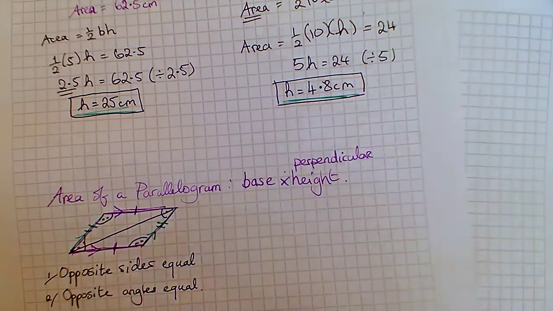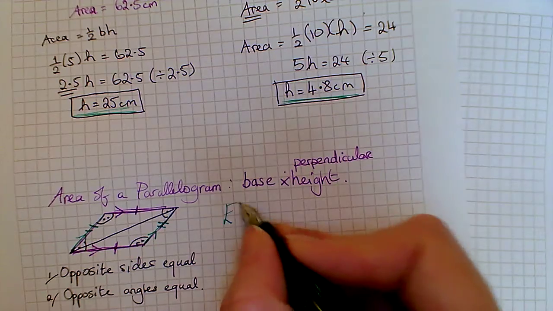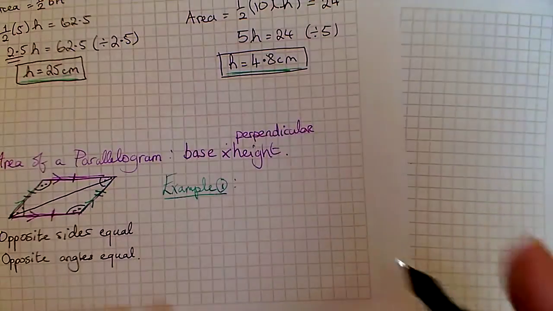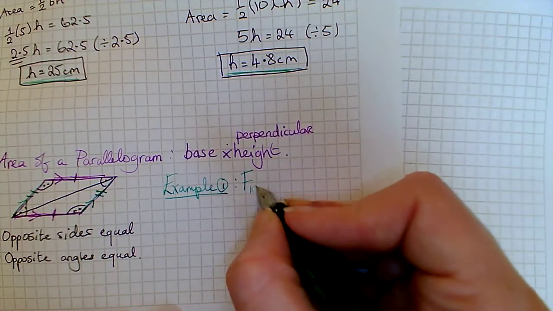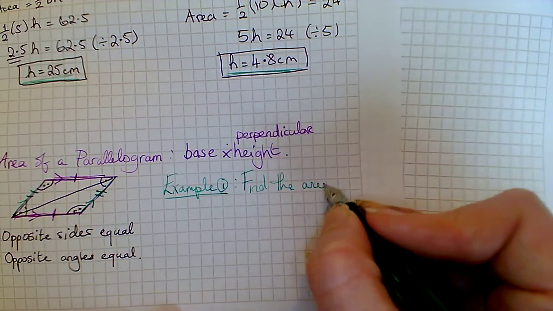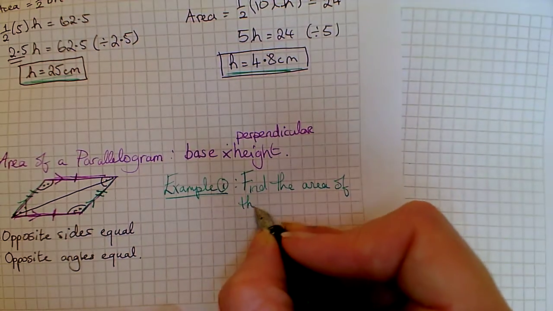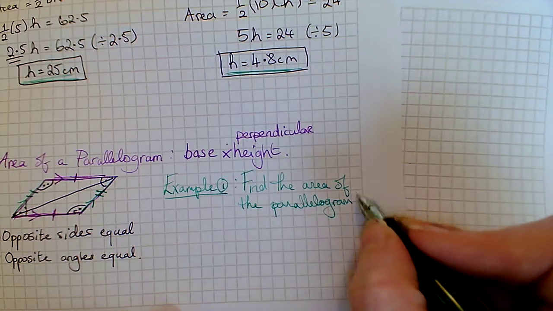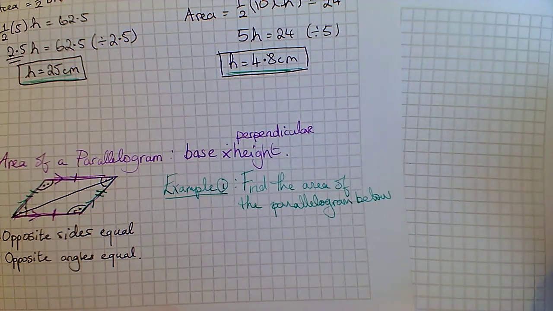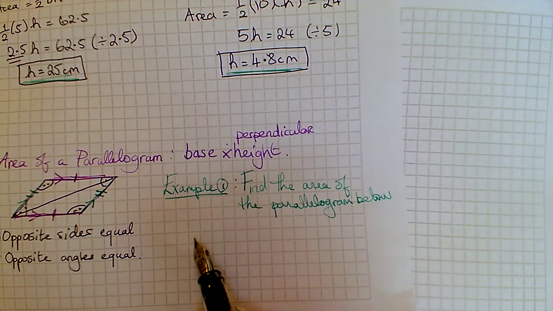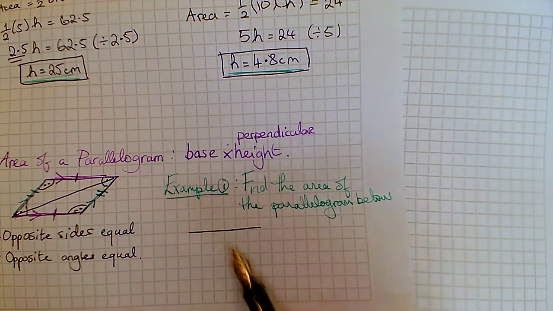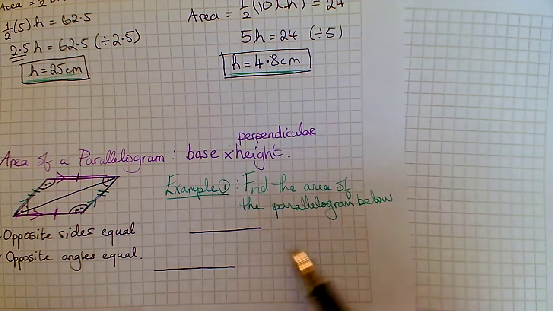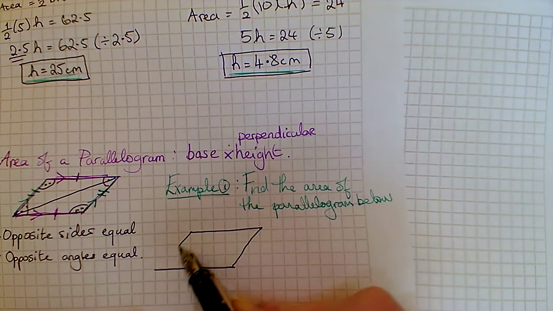Let's do a quick example with that. Find the area of the parallelogram below. We sketch a parallelogram. We have parallel sides like this, and we join them together.